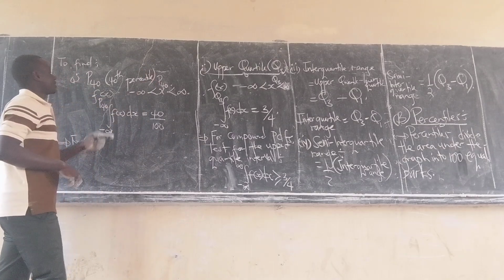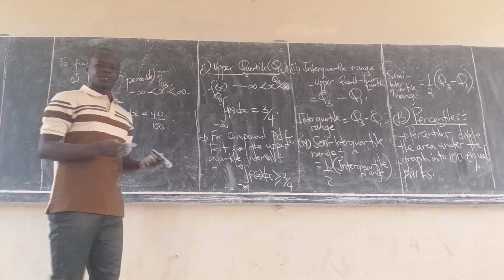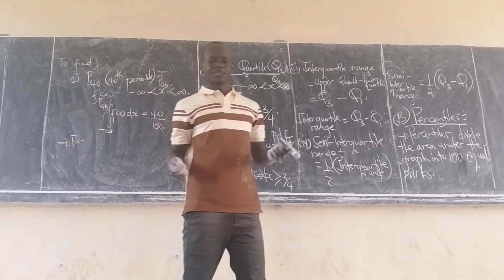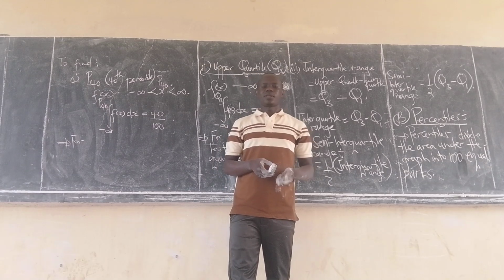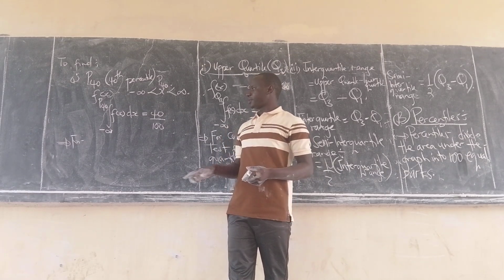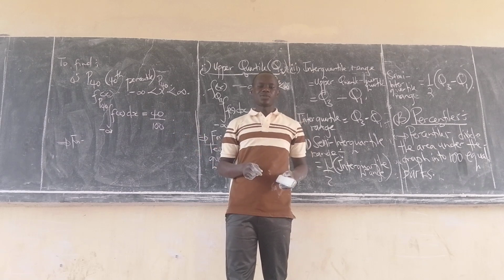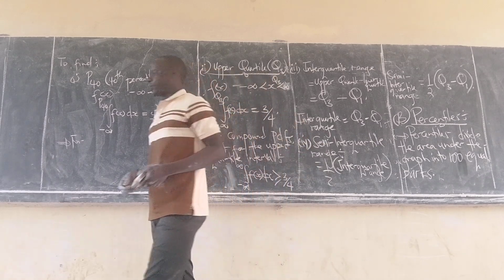So they will either call it the 40th percentile, or they will tell you to calculate P40. They can either say the 70th percentile, or they will tell you to calculate P70, but the logic does not change. Just spread your knowledge.